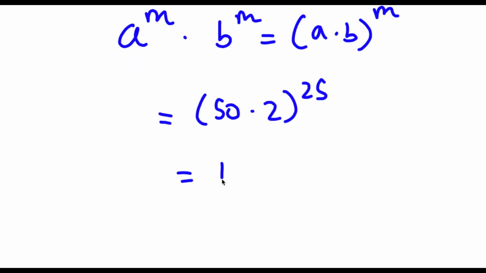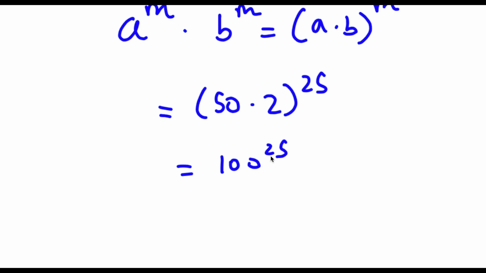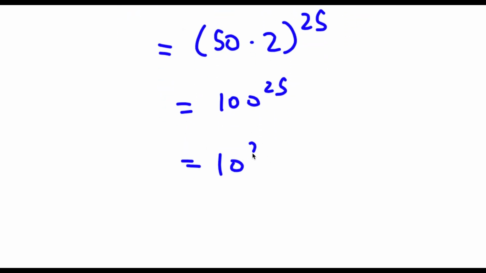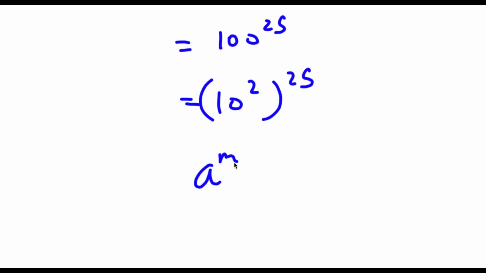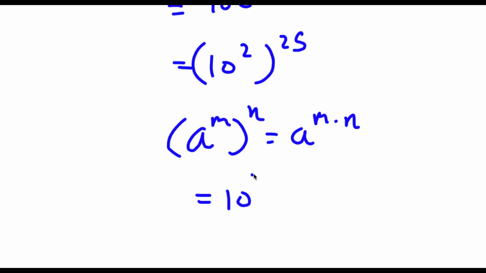Now 50 times 2 is 100, so now I have 100 to the power of 25. And 100, this is the same thing as 10 squared. So now I have 10 squared to the power of 25. And if I have something in the form a to the power of m to the power of n, this is equal to a to the power of m times n. So 2 times 25 is 50, so I have 10 to the power of 50. So this is my answer.